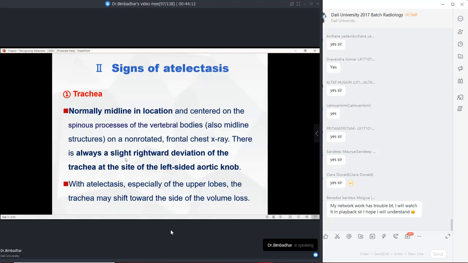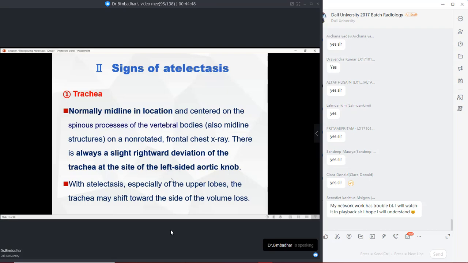There is always a slight rightward deviation of the trachea at the site of the left-sided aortic knob. Remember, because of the presence of the ascending aorta and aortic knob, there is a slight deviation of the trachea towards the right, but it is almost within the spinous processes themselves.